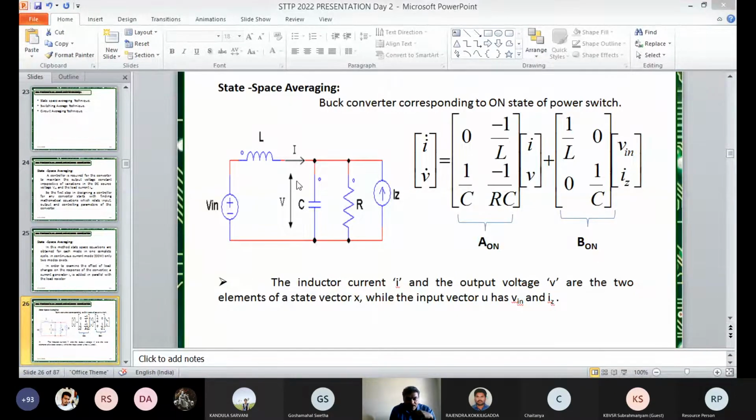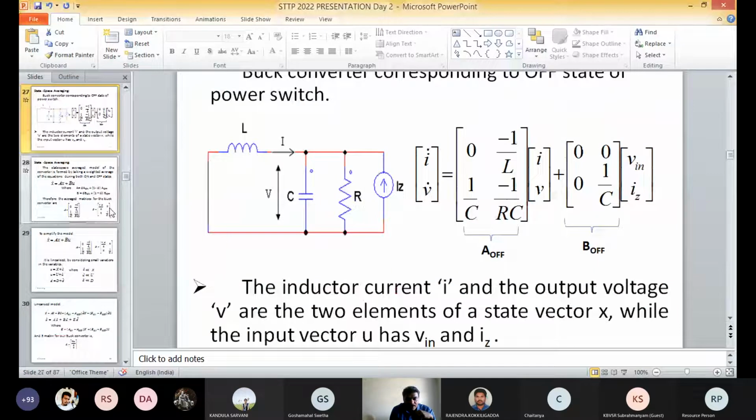So for the off state also, we need to write the same input voltage equation, that is the voltage across the inductor equation, and the current through the capacitor equation.